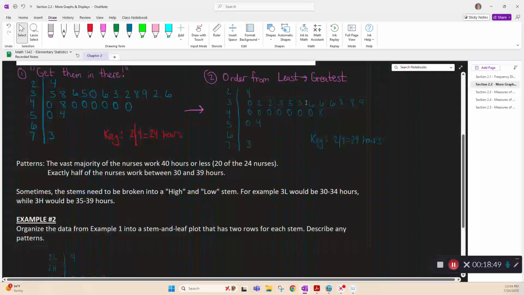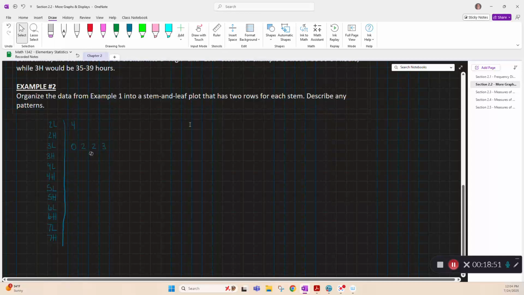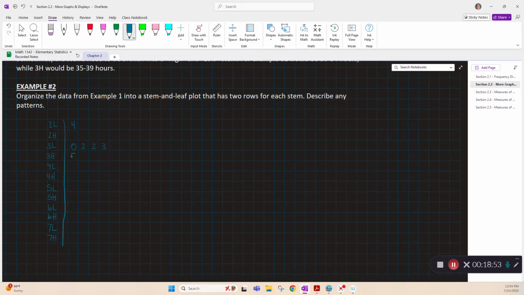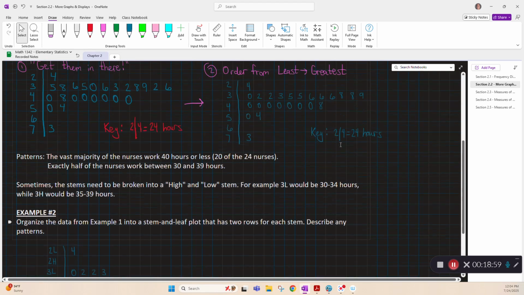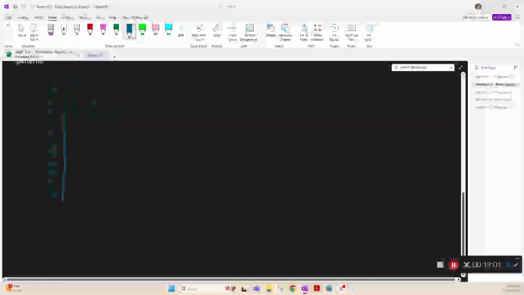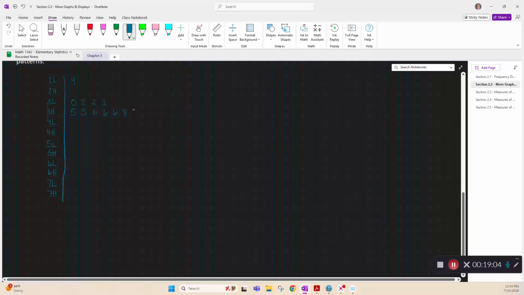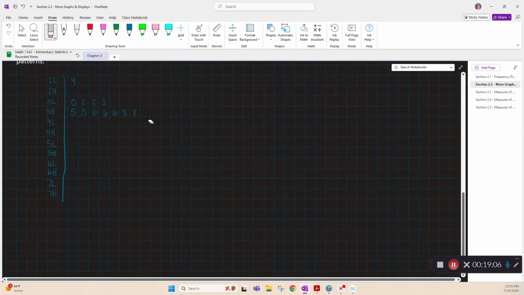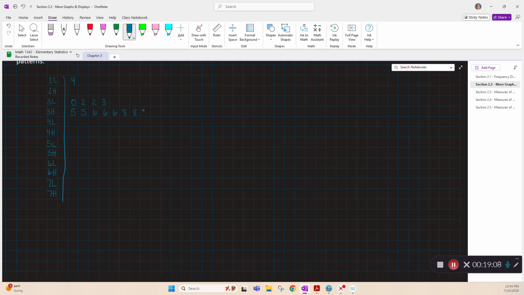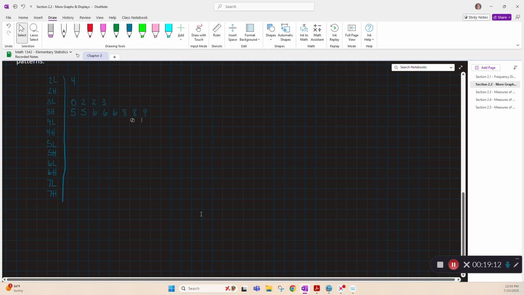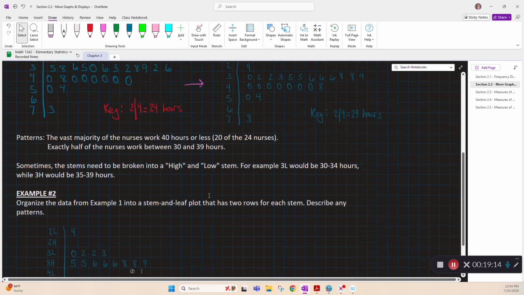So 5, 2 5s, 3 6s, 2 8s, and then a 9. Okay. So now that 30 stem isn't quite as long.